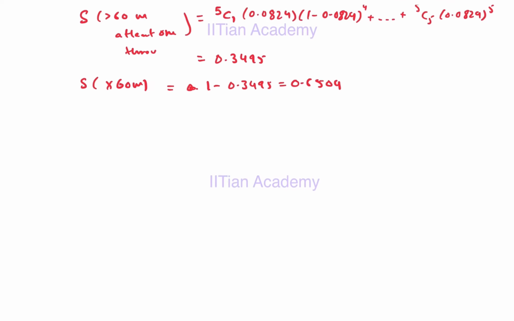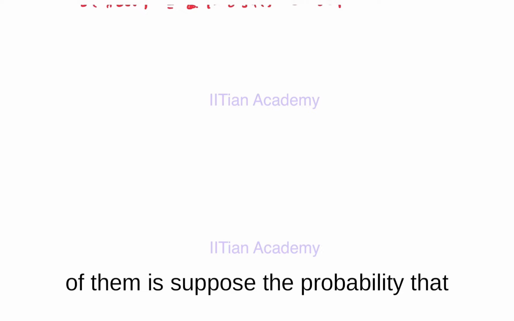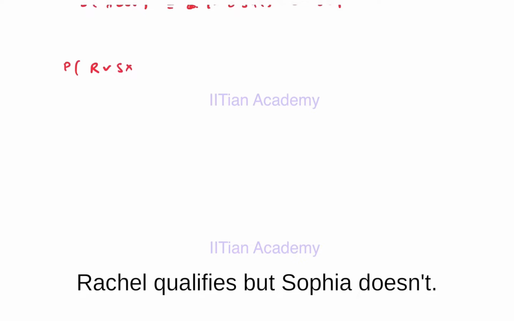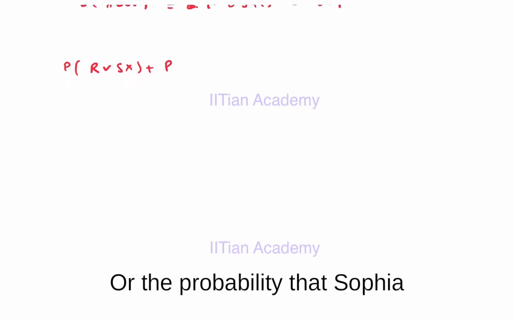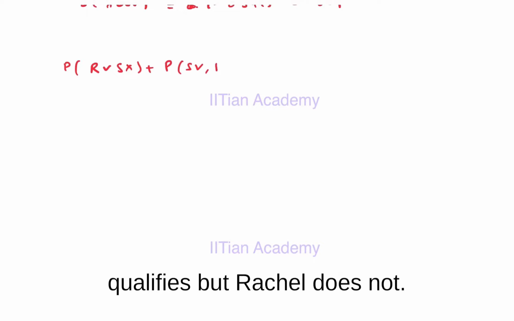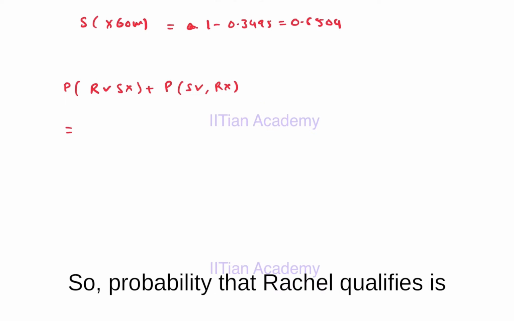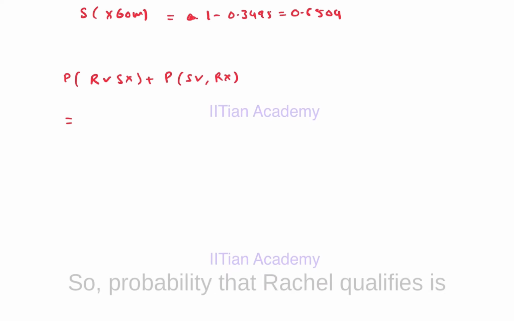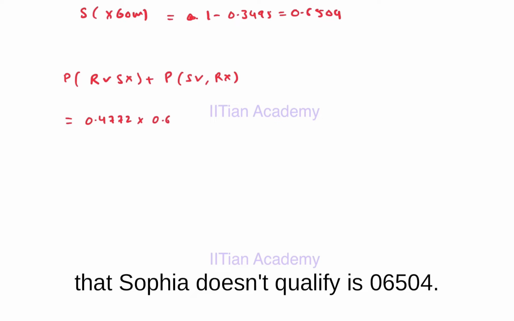Now, the probability for qualifying of only one of them is, suppose the probability that Rachel qualifies but Sophia doesn't, or the probability that Sophia qualifies but Rachel does not. So let us try to find this. The probability that Rachel qualifies is 0.4772, and the probability that Sophia doesn't qualify is 0.6504.